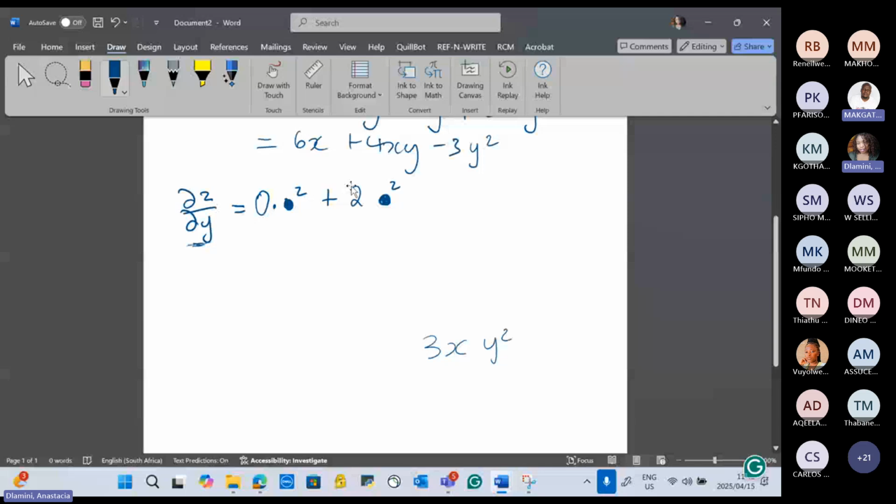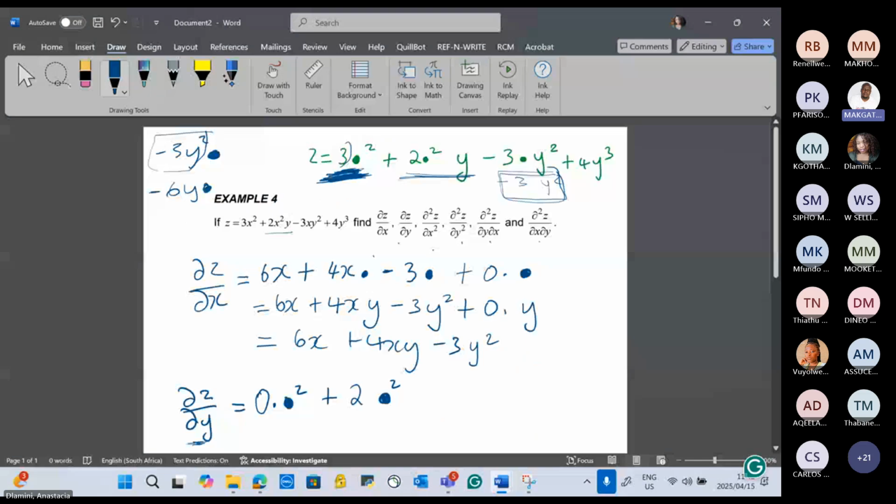Isn't it 3 times x times 2y, then it becomes 6xy, because you're differentiating y? Okay, I understand this one. I thought since the x was going to be a constant, I had already removed the x instead of going down and simplifying first to get the minus 6xy.